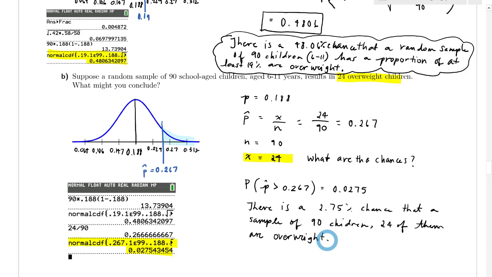So here we always say the barrier is 5% to be unusual, because if it's less than 5%, it pretty much is unusual. And that's just a rule of thumb with statisticians. And so we can say, 2.75% chance, I mean, we can say that this is unusual.